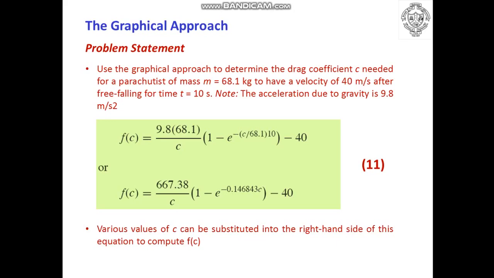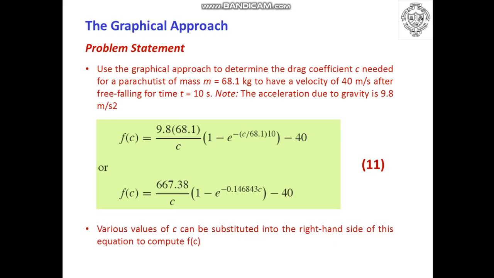So I'll put all the values in the equation. I'll get f of c equal to 9.8 into 68.1 divided by c into 1 minus e raised to minus c divided by 68.1 into 10, minus 40.